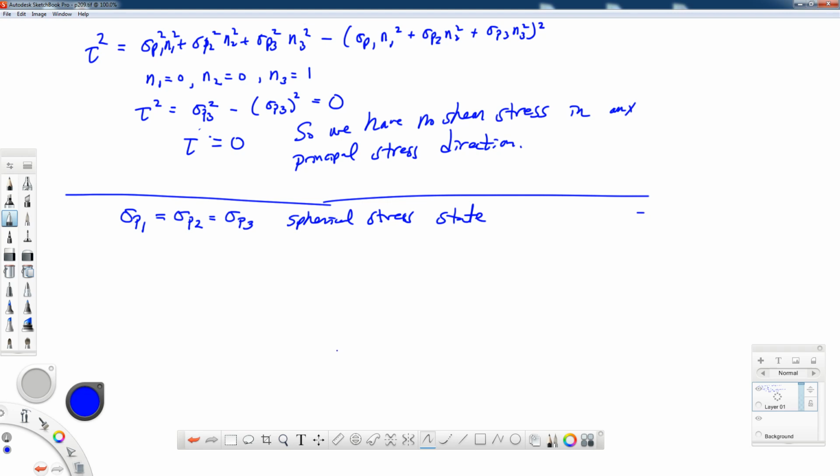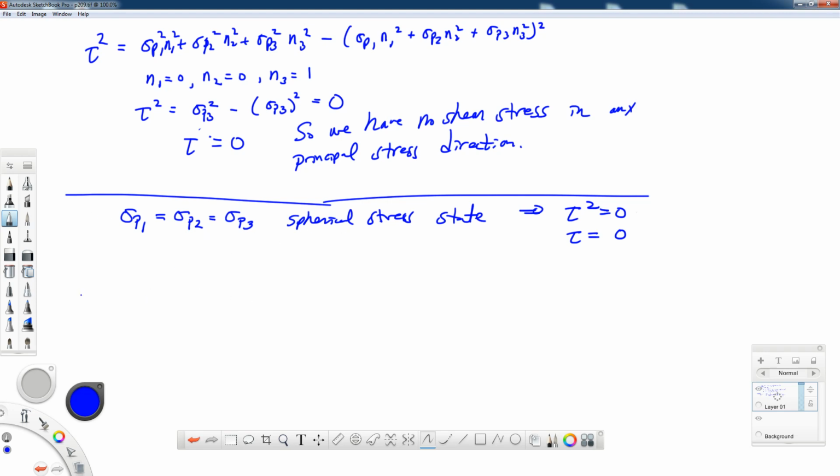In that case, it doesn't matter what value of n we use, we get tau squared equal to 0, so tau is equal to 0. This is pretty easy to see in our shear stress squared equation up here. If sigma P1, sigma P2, and sigma P3 are all equal to each other, then all the different terms cancel out. So we don't get any shear stress in that case.